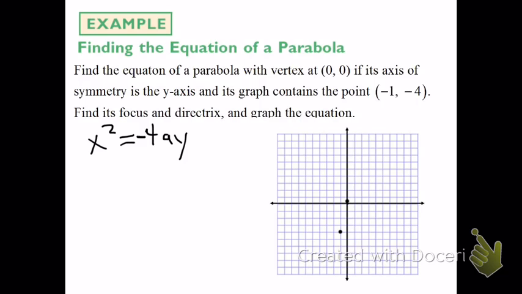And so how do we find the a? Well, since we know one of the points on the parabola satisfies that equation, the point -1, -4 will satisfy this equation. So we're just going to plug in -1 for x, and -4 for y.